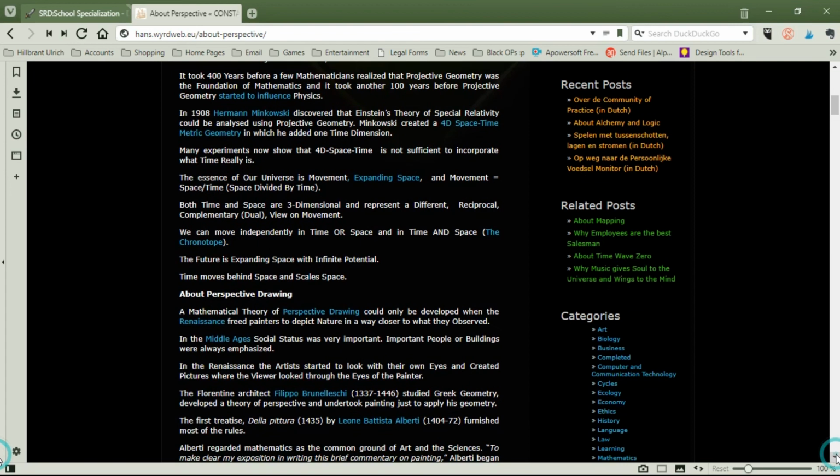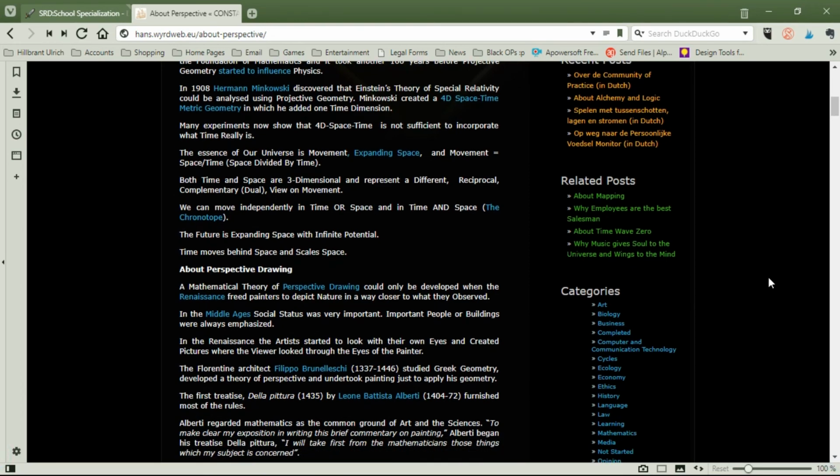So these are your 3D shapes in space. When you add movement, which necessitates time, or you could look at it the other way around, you're moving into 4D. All right. Both time and space are three-dimensional and represent a different, reciprocal, complementary, or dual view on movement.